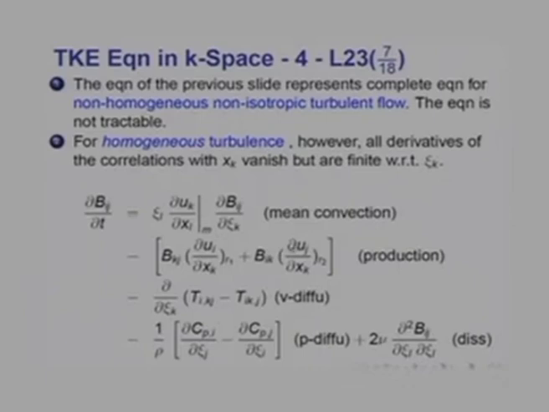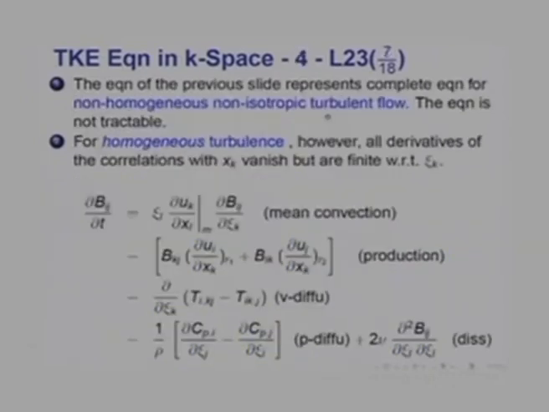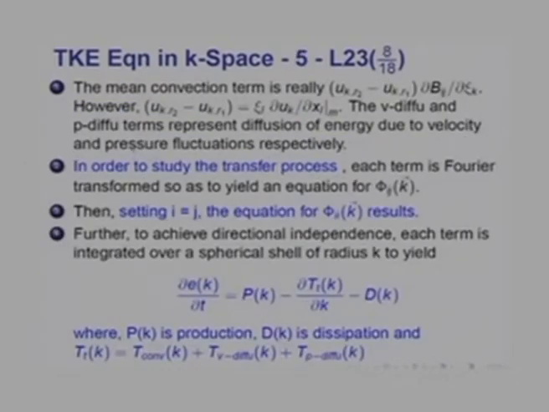Now, the mean convection term, psi l duk by dxl dBij by d psi k, is really the uk R2 minus uk R1 dBij by d psi k, as I explained. However, uk R2 minus uk R1 will be psi l duk by dxl at m, and therefore we have written it that way. The V diffusion and P diffusion terms represent diffusion of energy due to velocity and pressure fluctuations respectively.